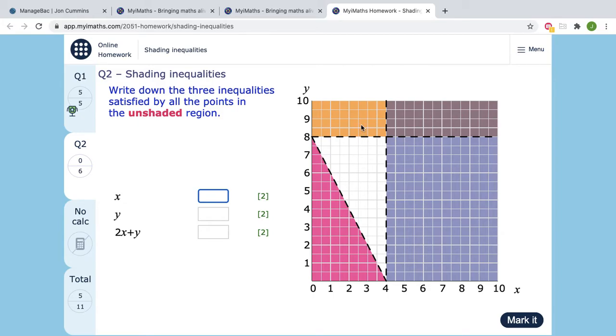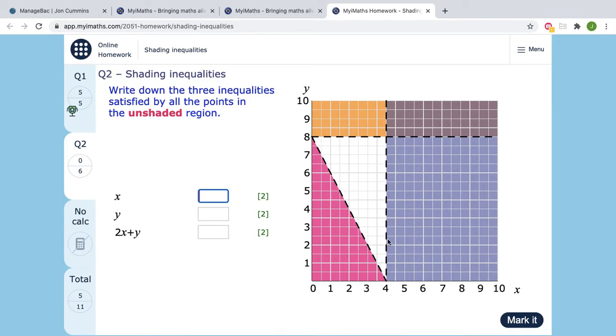Okay, so let's look at the first one. It just says x. Well, if I look at this vertical straight line, vertical and horizontal lines have special types of equations. They don't follow the y equals mx plus c pattern, because, for example, a vertical line has infinite gradient and a horizontal line just has 0 gradient.